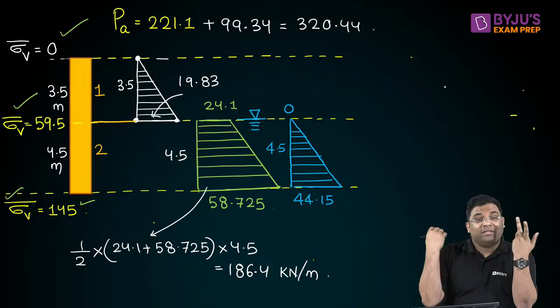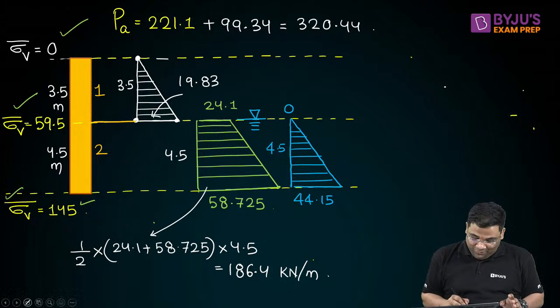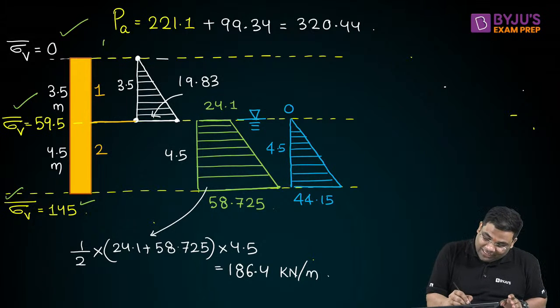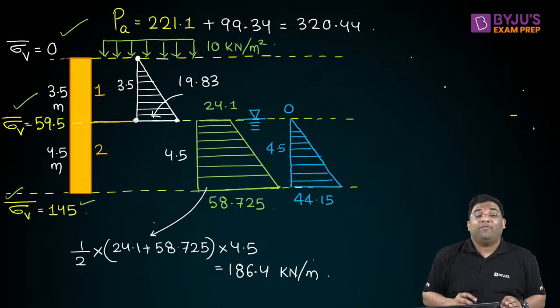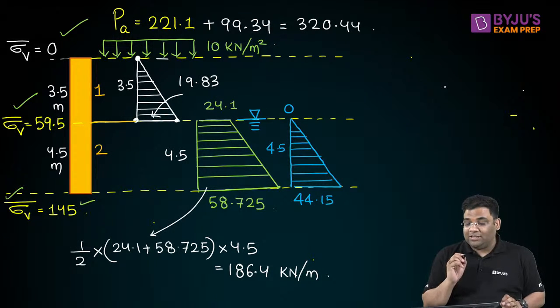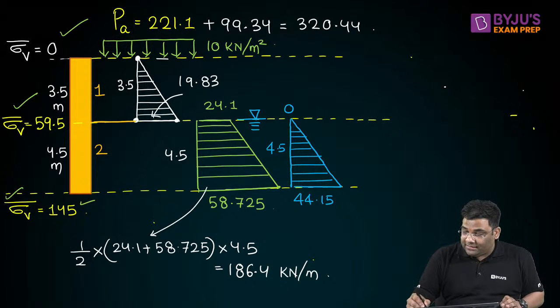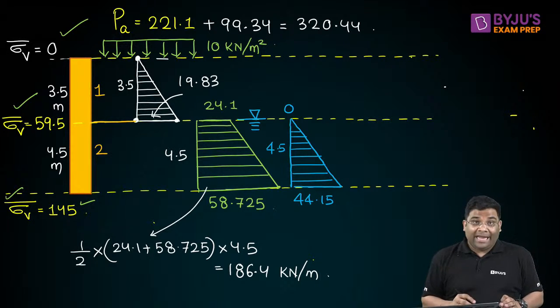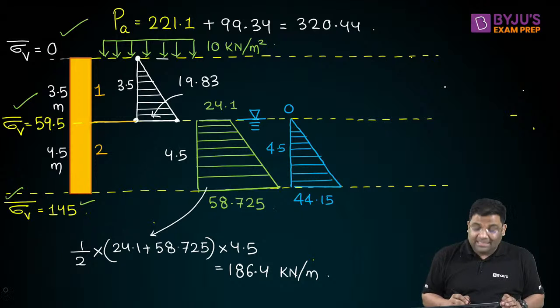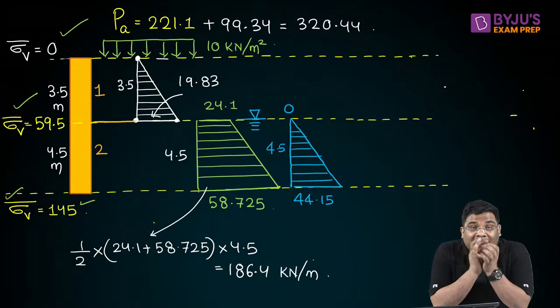Now suppose I give you surcharge also, 10 kilonewton per meter square. Here there will be some difference. The surcharge distribution is rectangular, I can say uniform, but it depends on Ka. For the first layer, the Ka is 1 by 3.